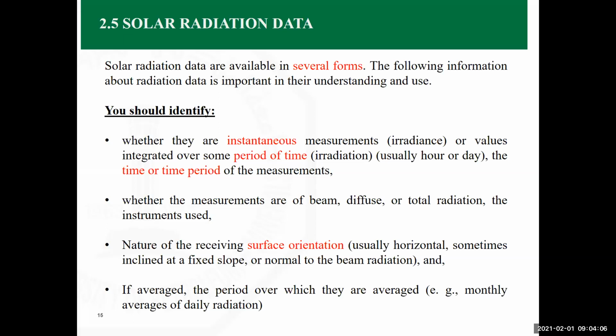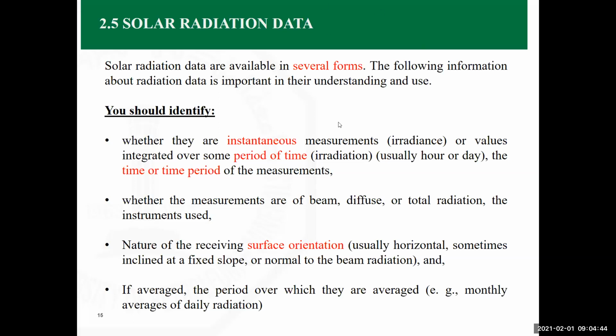If they are averaged, then upon what period? Hourly, monthly, daily, whatever. These are the kinds of information we should know while using values tabulated in books or references, or that you can get from the internet. You should know whether it is instantaneous or integrated over a period of time, beam, diffuse, or total, horizontal, tilted, and if averaged, whether hourly, daily, or monthly.